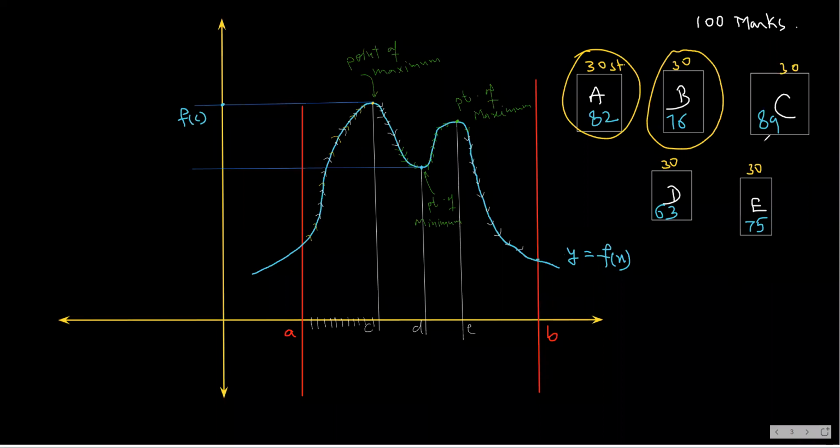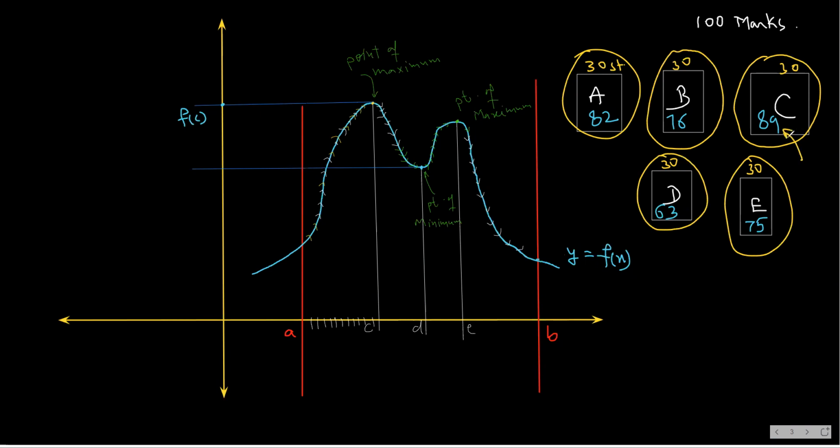But if you go for the absolute maximum, see, these are all local maximums, maximum in that particular division. But which is the absolute maximum? 89 is the absolute maximum amongst these 5 divisions of that school.